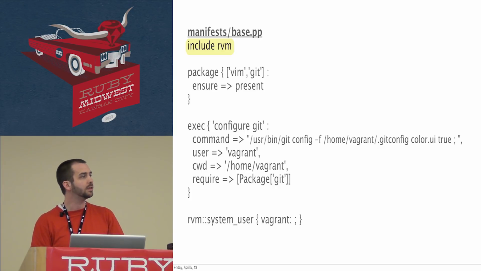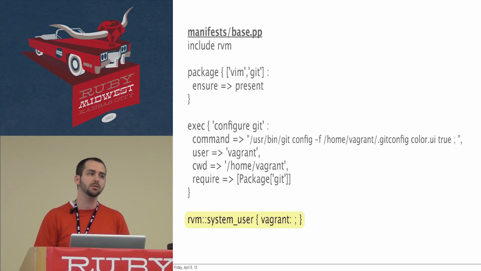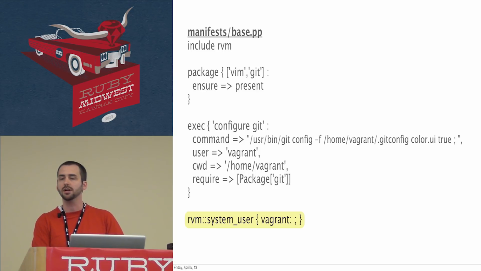And then we update our manifest, say include rvm. So just by that include, RVM will be installed on your machine. And then down here we say, well, we want to make sure that the Vagrant user is part of the RVM group so that he can do all the RVM things he needs to do without having to mess around with sudo or anything like that.